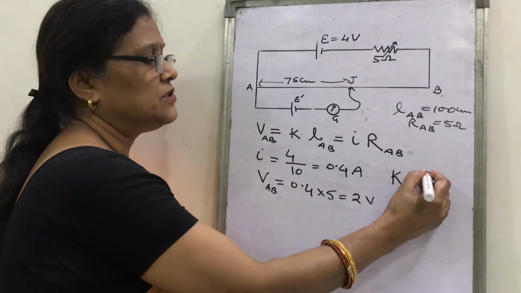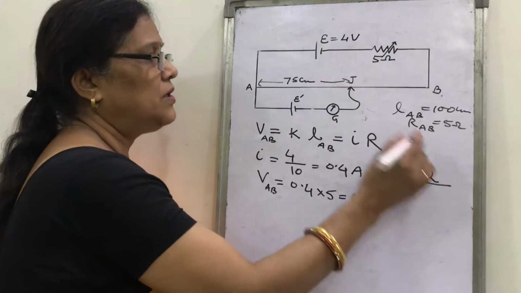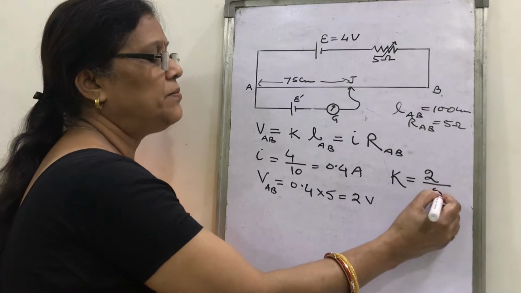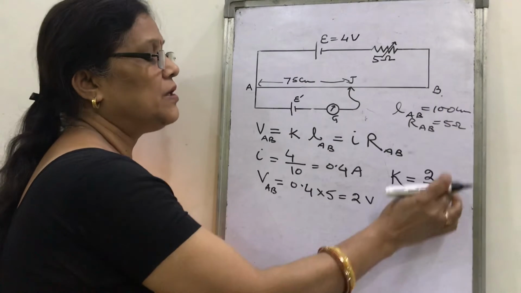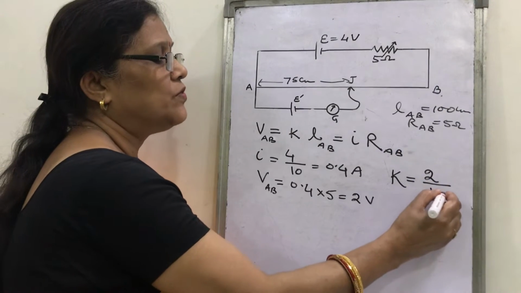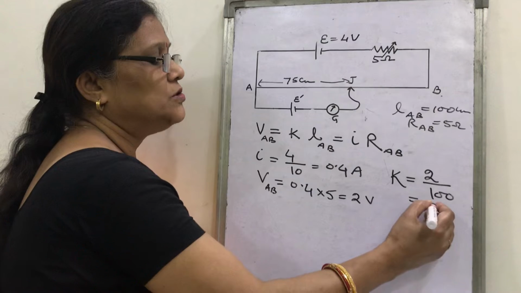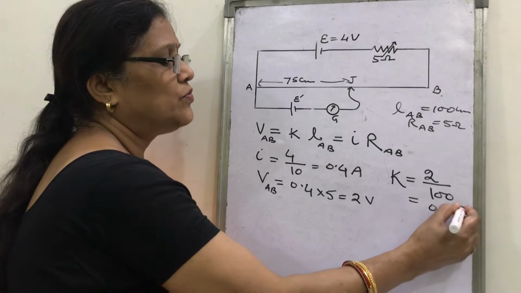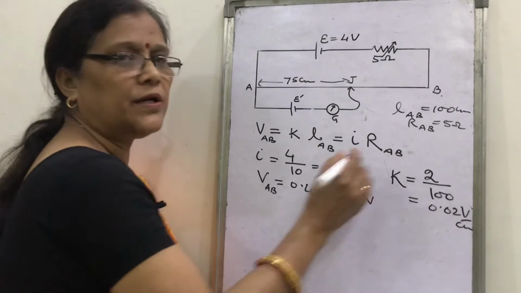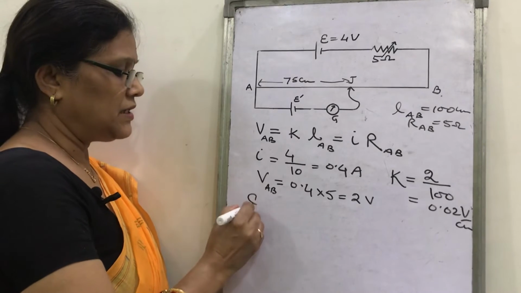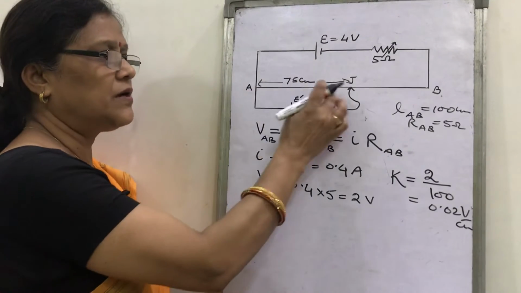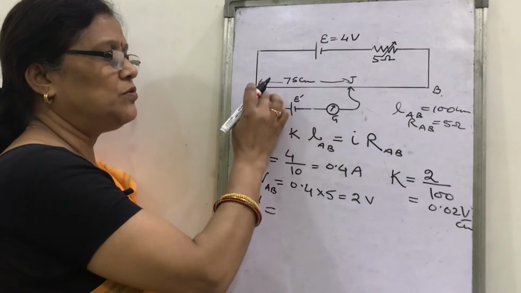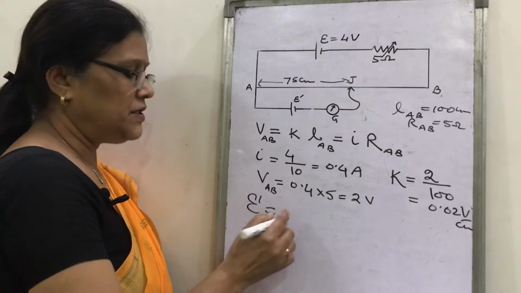Then this 2 volt upon length AB, length AB is 100. So what will you get? This is 0.02 volt per centimeter.